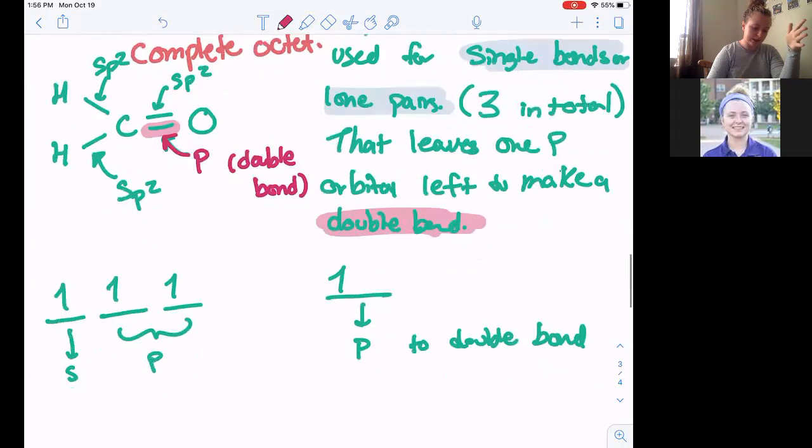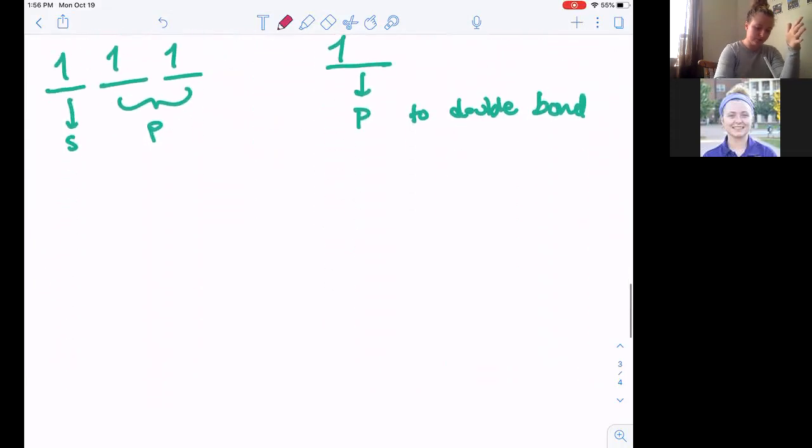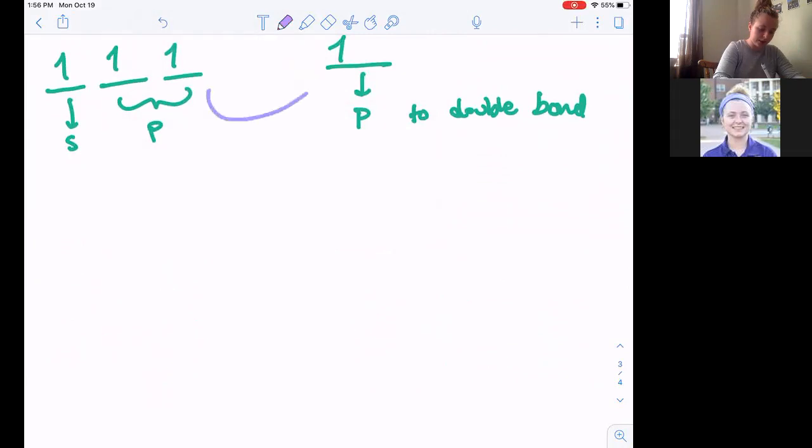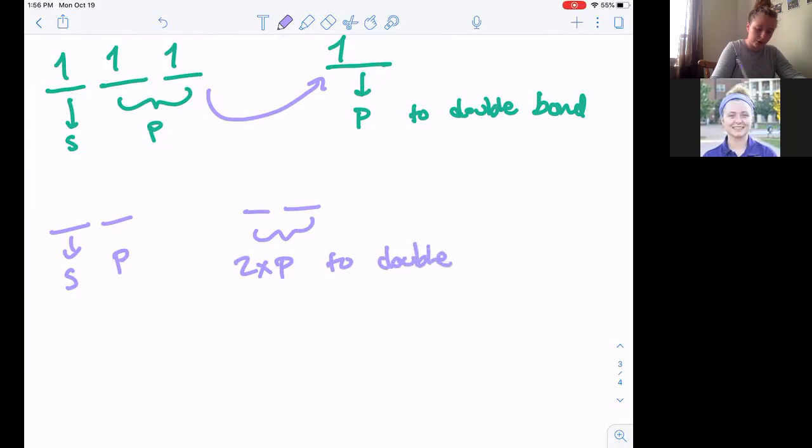So if we take, let's pick another color, if we take another p orbital, put it over there, then we have an S, a P, 2 P's over here, double bond. So we could have 2 double bonds or a triple bond. We keep them all up in the same spot.